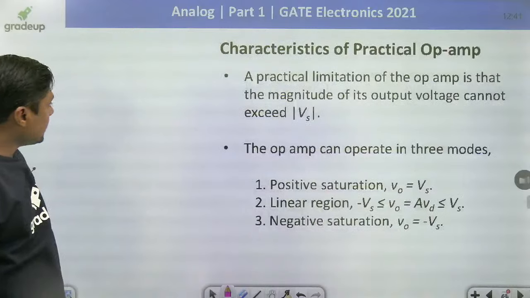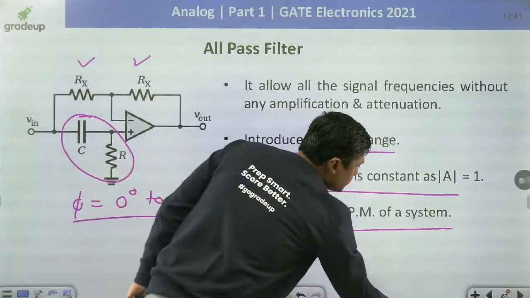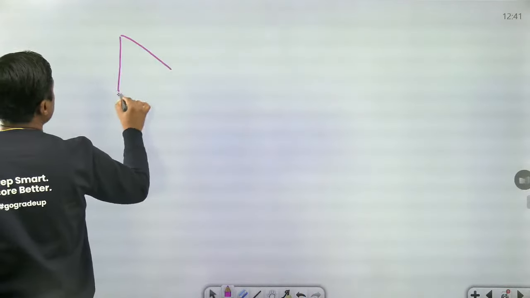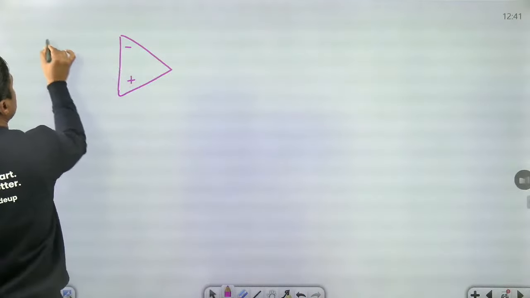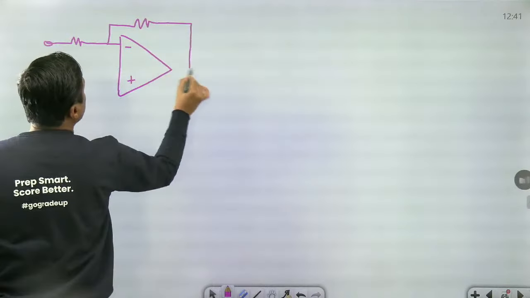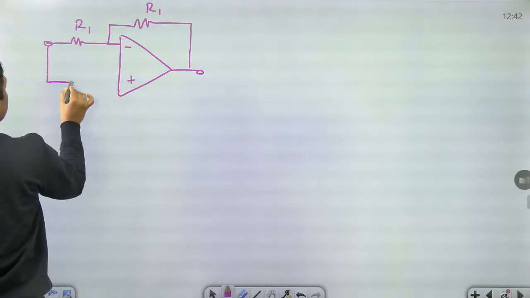And then the second diagram. Always remember the values of these two resistors are equal.